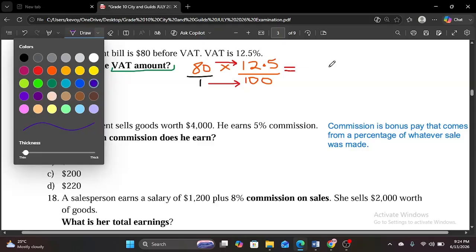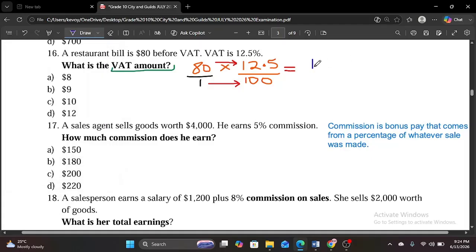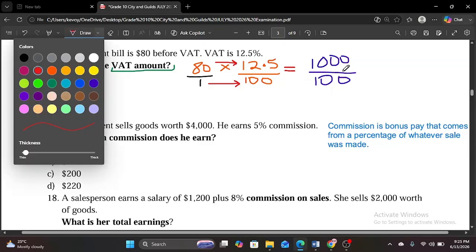All right, so the first thing that we're going to do is multiply the 80. So that's going to be 80 times 12.5. That's going to be 1,000. So that's going to equal 1,000 divided by 1 times 100. That's going to be 100. So next we have to eliminate our zeros from the bottom and top.